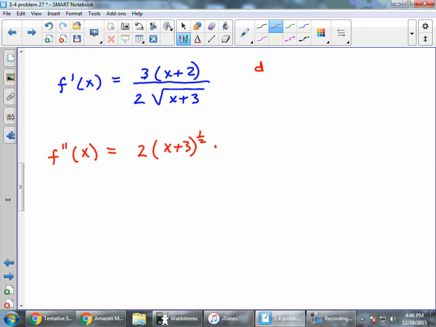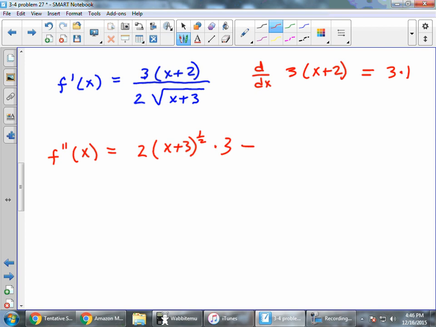Now, the derivative with respect to x of 3 times x plus 2 is just going to be 3 times 1, essentially, because this coefficient out here has no x term, and then we can just multiply it times the derivative of whatever's on the inside, which is just 1. So then that's nice. So that'll be times 3.